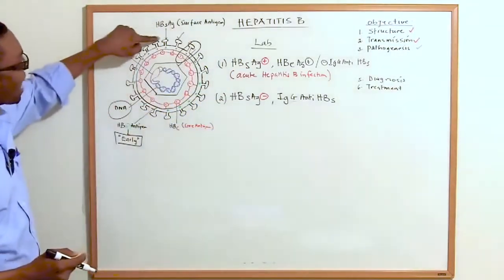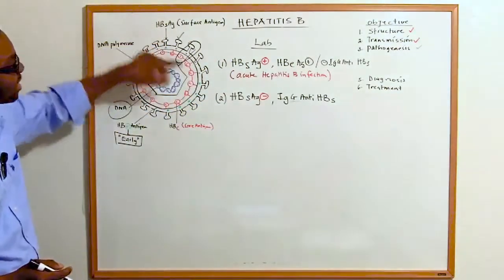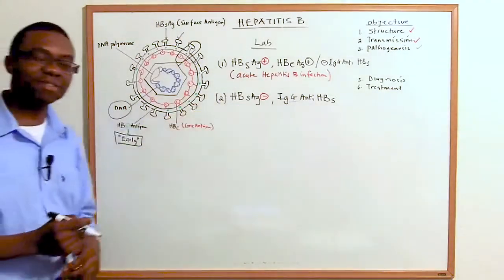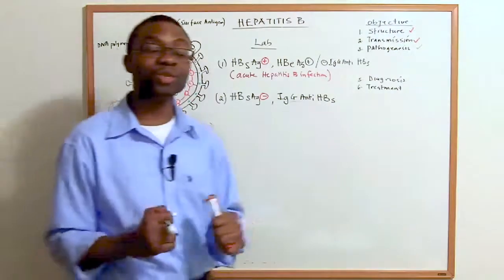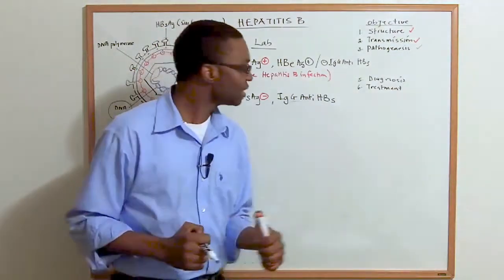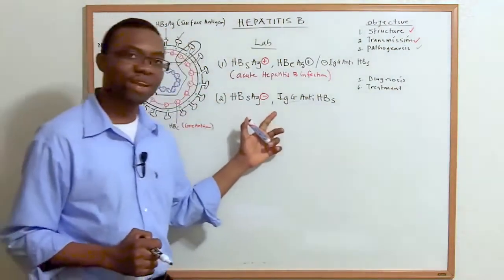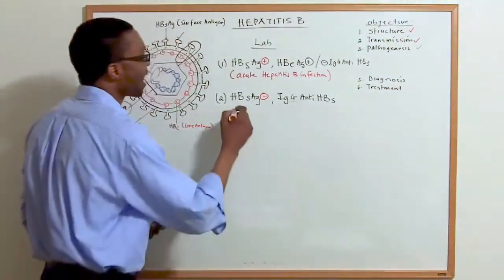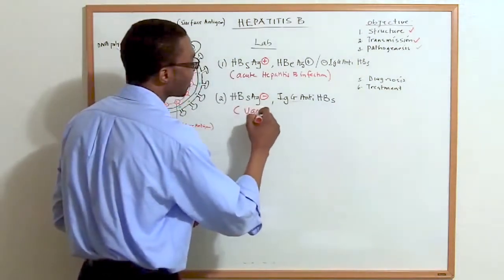How can you make an antibody against an antigen and you have a negative surface antigen? How can you do that? Well, the patient is not infected. This is a patient that received the hepatitis B vaccine.